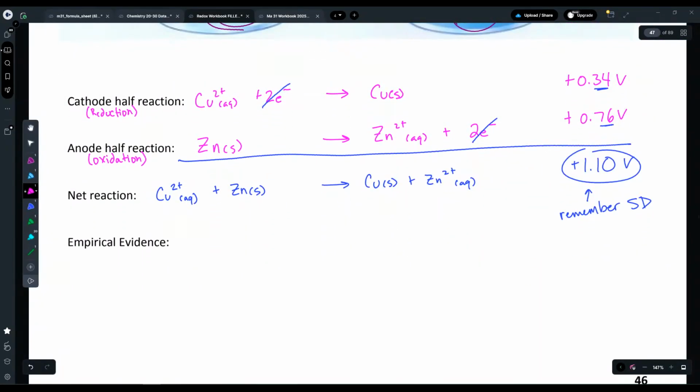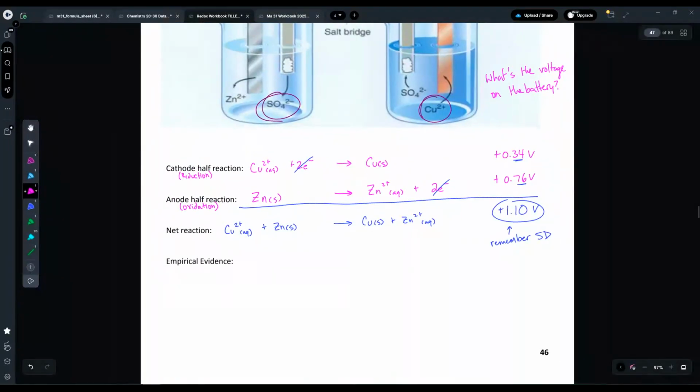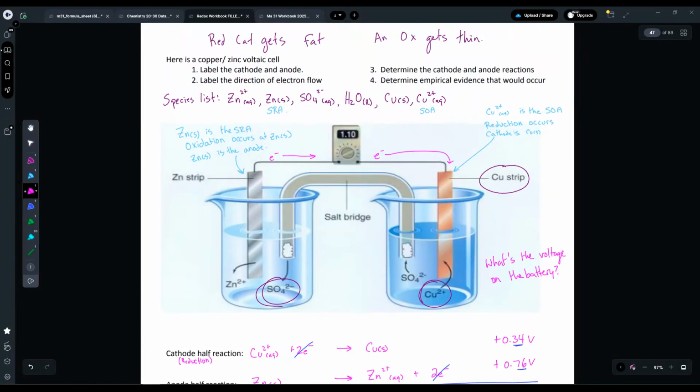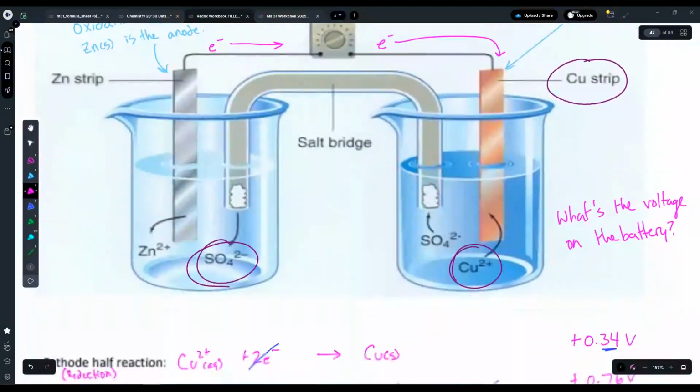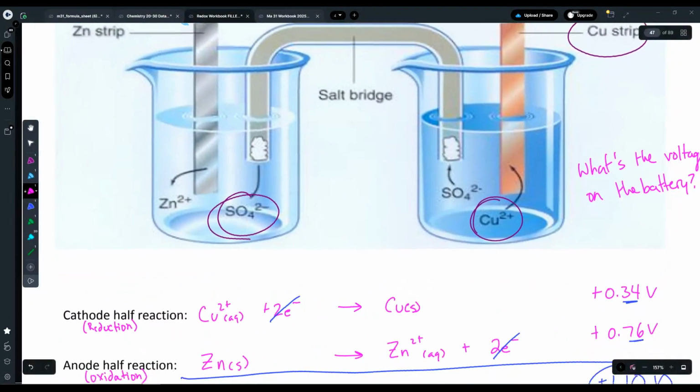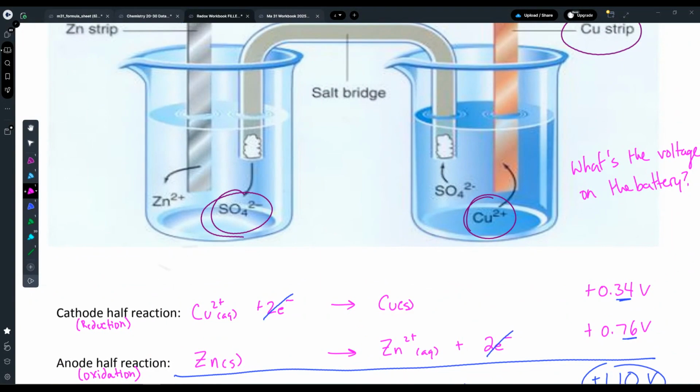Okay. So, empirical evidence. What are we going to see when this battery is operating, essentially? This is a very simplistic battery, and it's made up of 2 half cells.